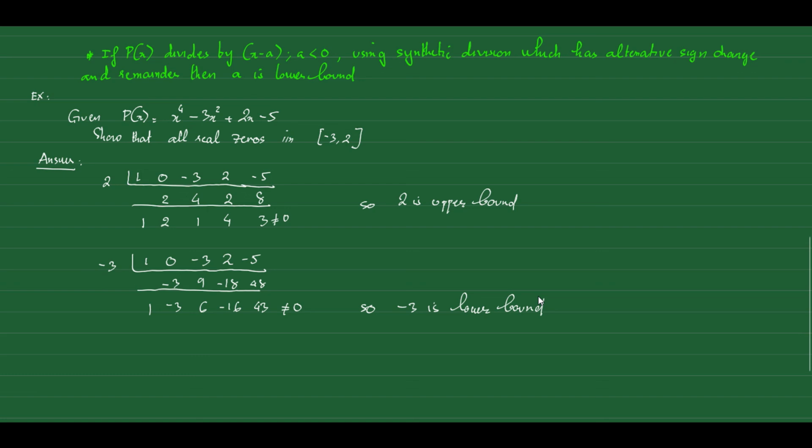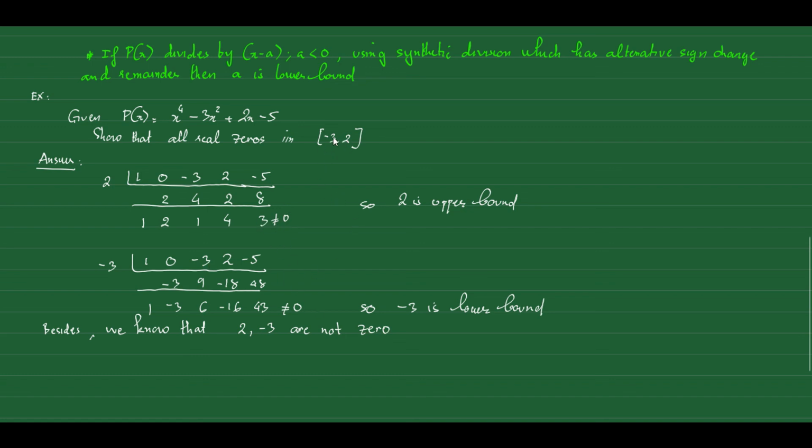Because the remainder is not 0, we also know that 2 and negative 3 are not zeros.